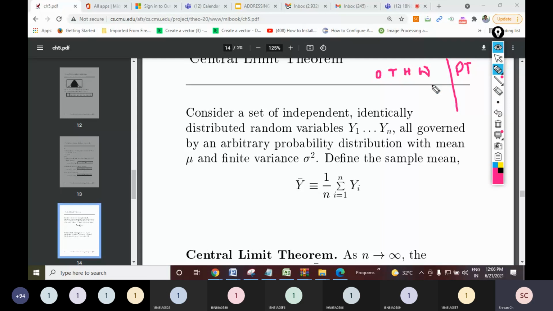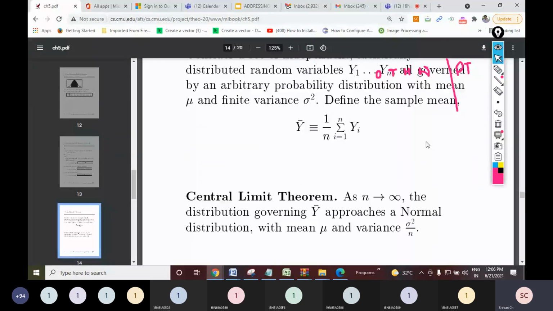Now, what central limit theorem says is, consider these variables governed by an arbitrary probability distribution with mean mu and finite variance sigma square. Define the sample mean. Mean is nothing but average: 1 by n, sigma of i equals 1 to n of yi. So we take the average on every independent variable, which is y dash.